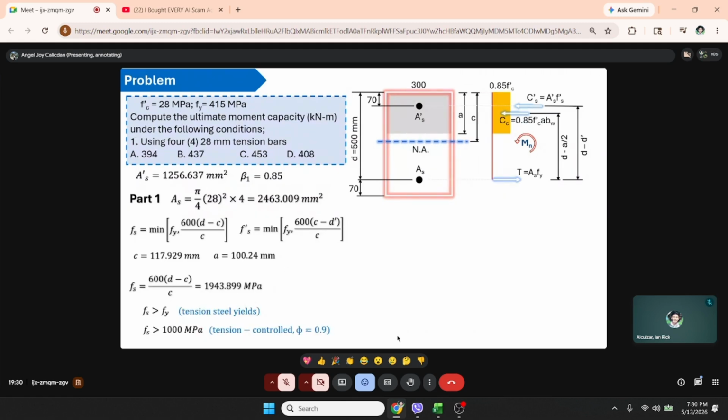So, we'll use phi equal to 0.9. So, for Fs prime, substitute ang nakuha na c, and d prime is just extreme compression fiber to centroid sa compression steel, which is 70.